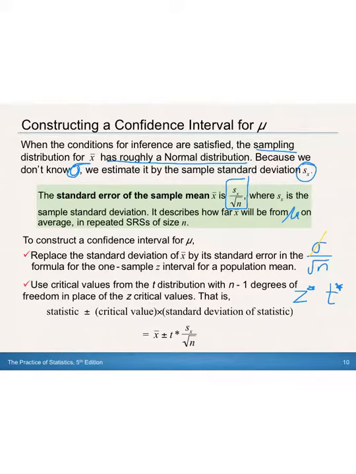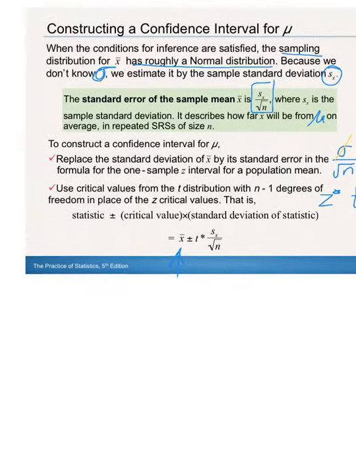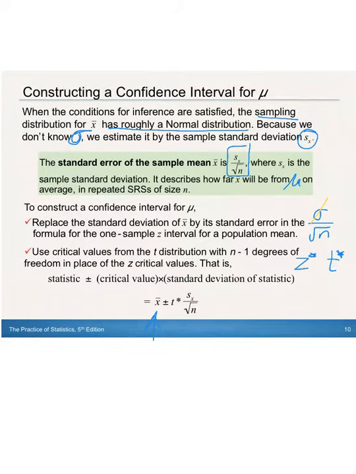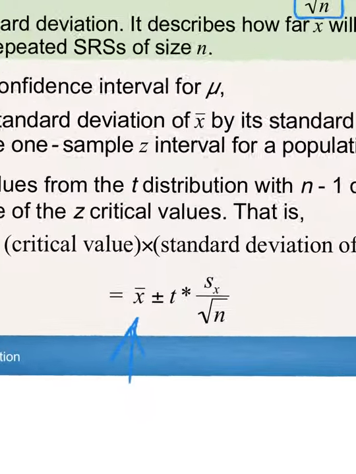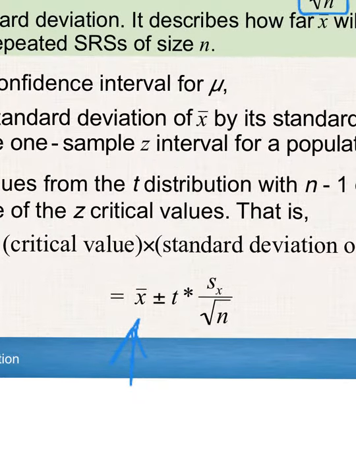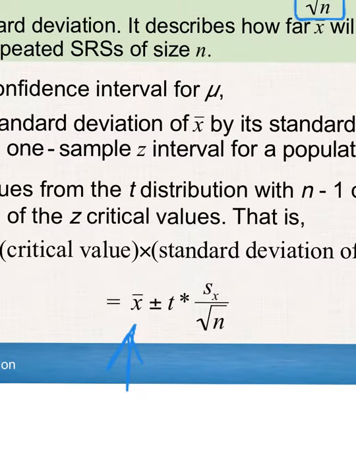So you're going to take your statistic, which is x bar, and then we're going to add and subtract the critical value t star times the standard deviation of the sample divided by the square root of n, and that will give us our point estimate and our margin of error.